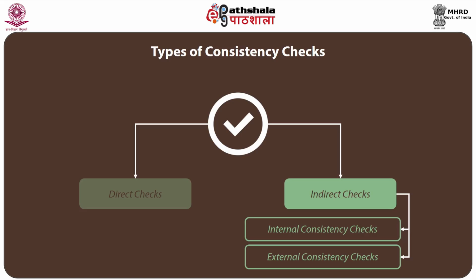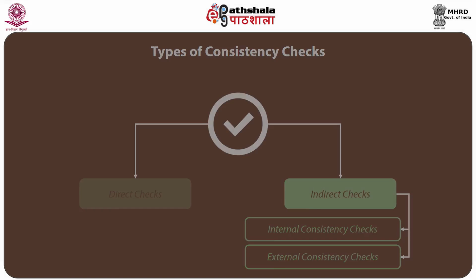Internal consistency checks refer to the assessment of the relationship of age-sex data within the same census, whereas external consistency checks employ comparison of census or survey age-sex data with the age-sex information available from past sources or from other data sources.